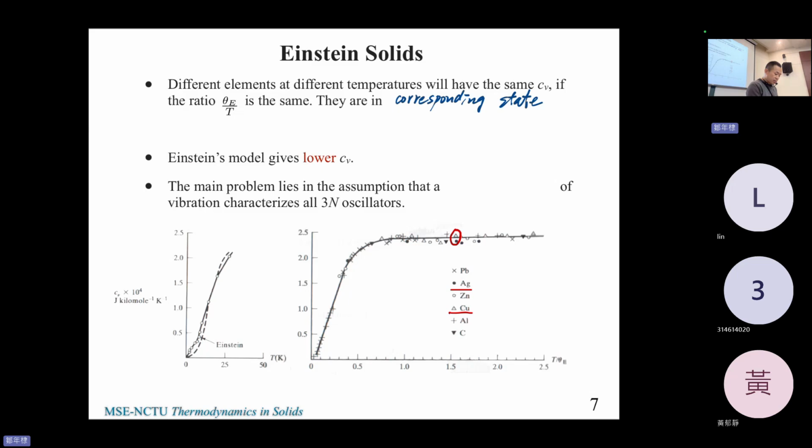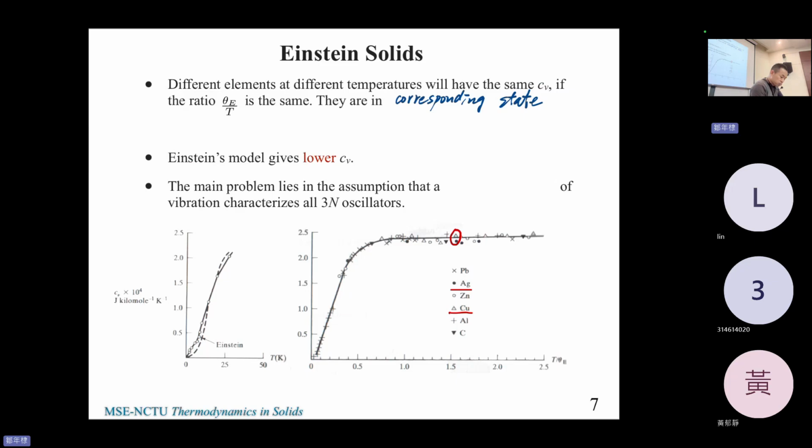You can see that because Ag and Cu have different theta E, they are at different temperatures, but when they have the same ratio, they will have the same CV. So we can say this is a corresponding state, even if they are at different temperatures. As long as their theta E over T ratio is the same, they will have the same CV. Interesting.